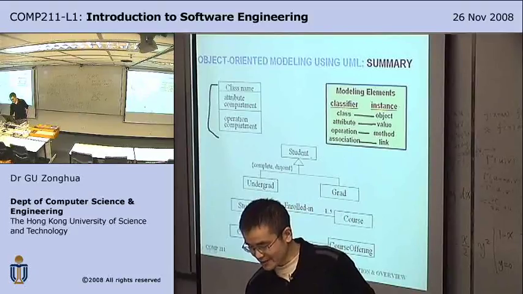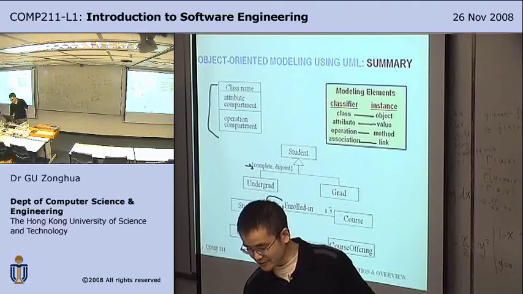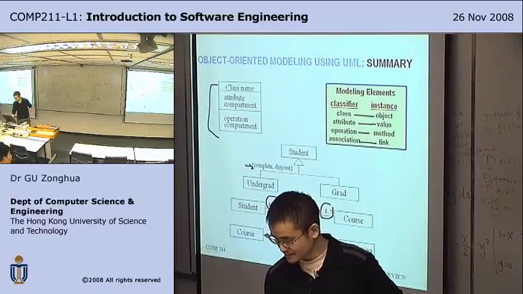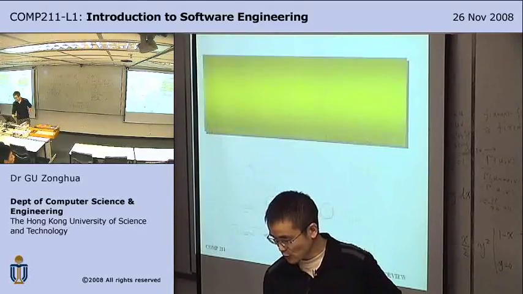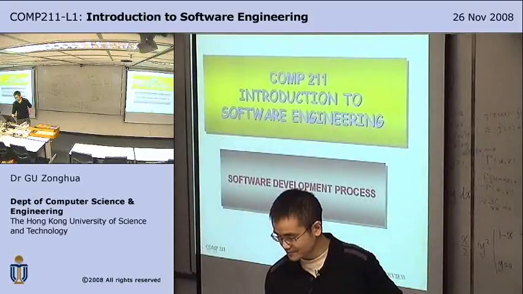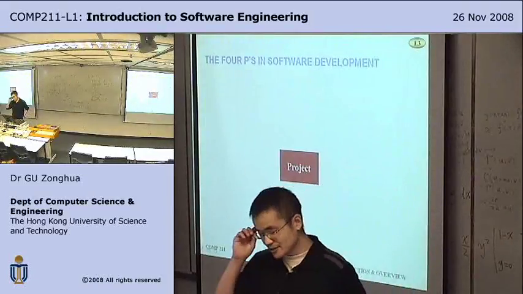You have generalization with different constraints, association with different multiplicities, composition, aggregation, plus OCL for constraints. Okay, so that's class diagrams.